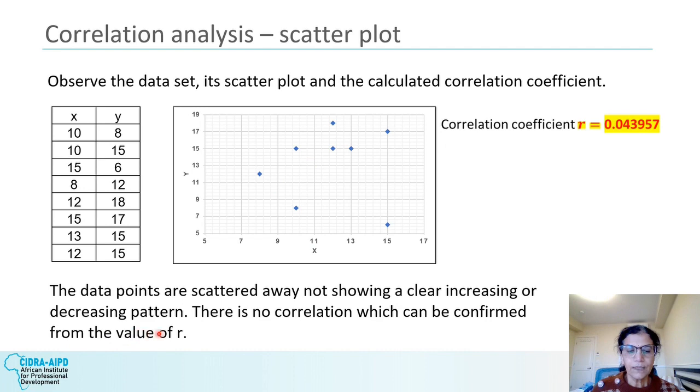We can say there is no correlation or very negligible correlation. Looking at the value of R, it is less than 0.1. So this is confirmed. The scatter plot shows very weak or negligible correlation.